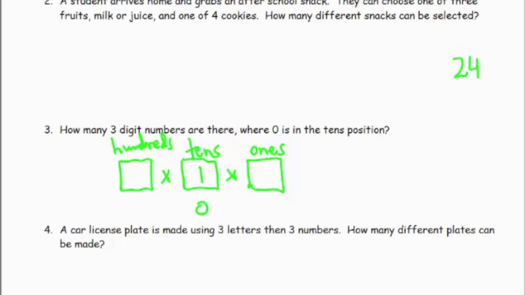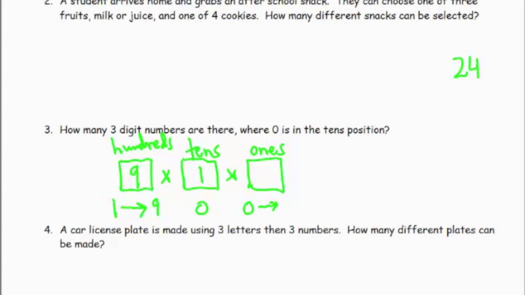Well, we've got 0 stuck here. That is one option, so we can put the 1 in there. Hundreds: again, a 3-digit number cannot start with 0. We wouldn't say 0, 2, 3 is a 3-digit number. That's 23. So there are only 9 options for the hundreds position.